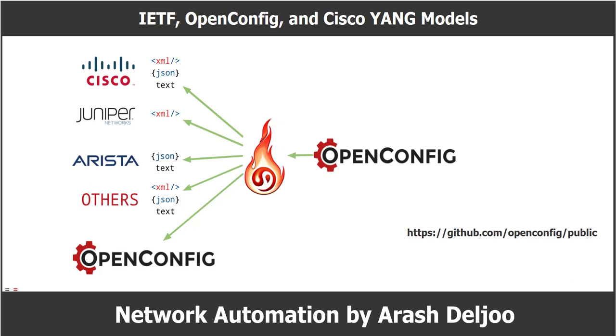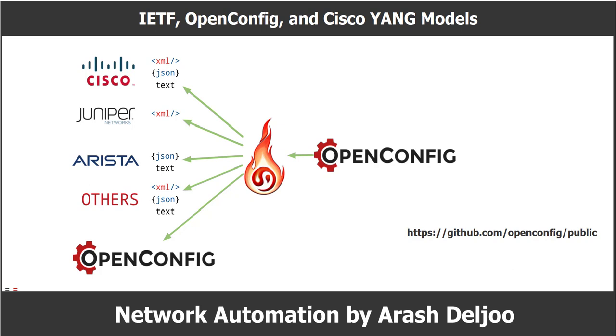OpenConfig focuses on building consistent sets of vendor-neutral data models written in YANG to support operational needs and requirements from various network operators. The data models developed by OpenConfig are compiled from third-party modules that use OpenConfig requirements.